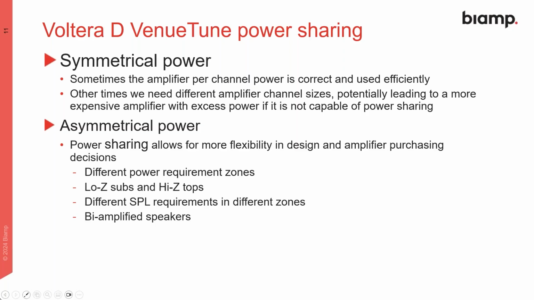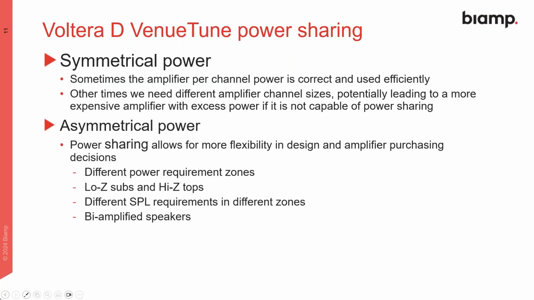With Voltera D, rather than having to buy 2 or 4 channels of all 600 watts when you only need that for maybe 1 or 2 channels, we can shade the power from the channel requiring lower voltage output or lower wattage, and that power can then become available to other channels.